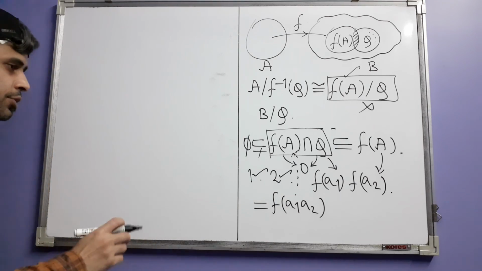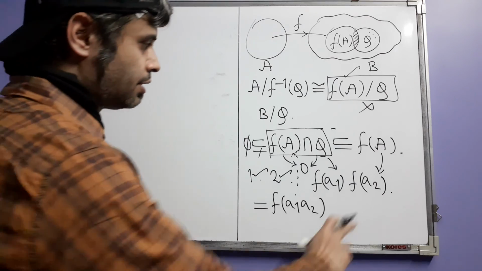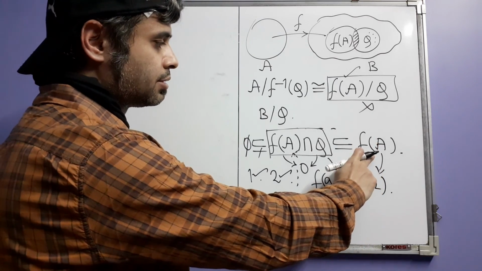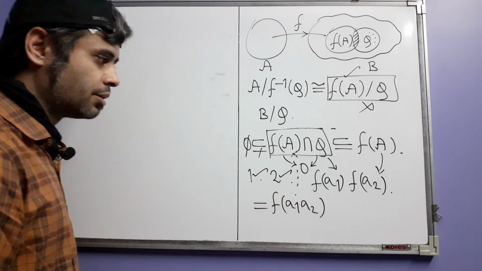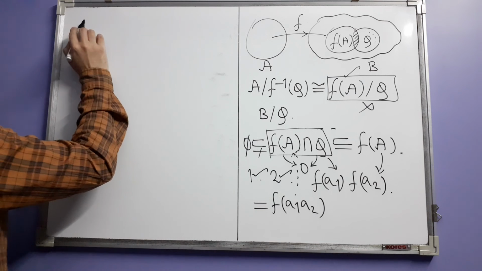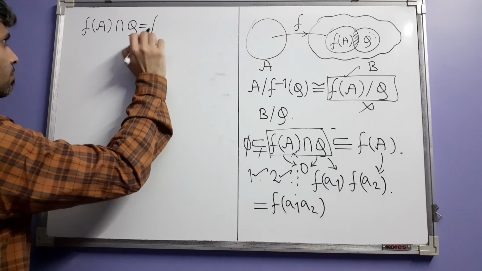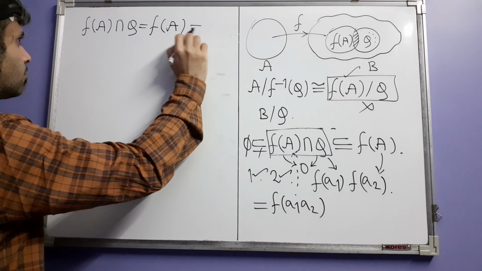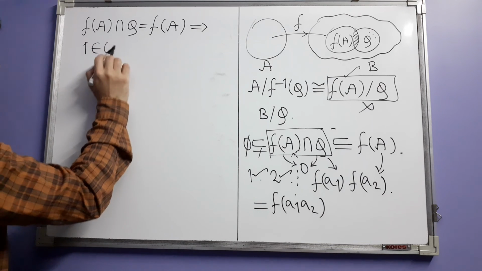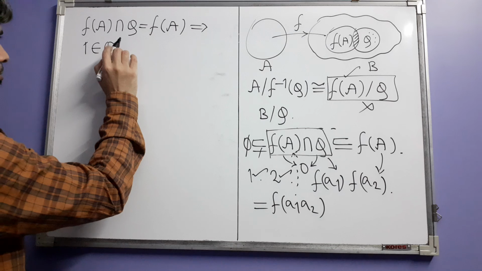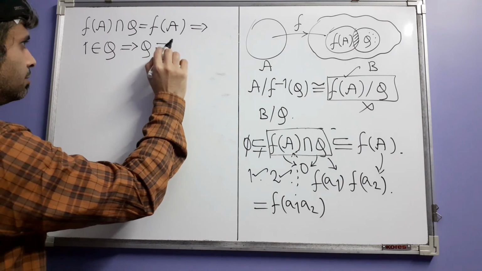Well, if we forcefully suppose that this is equal to f of A, then f of A being a ring has an identity element 1 that needs to belong to this intersection, right? Then 1 has to belong to this intersection, and as such 1 has to belong to the ideal Q, but then Q has to be equal to B.